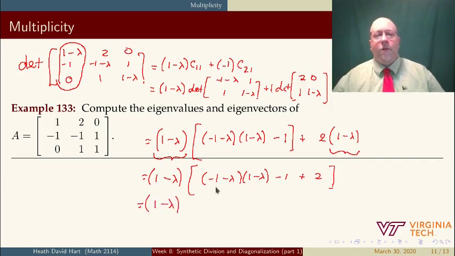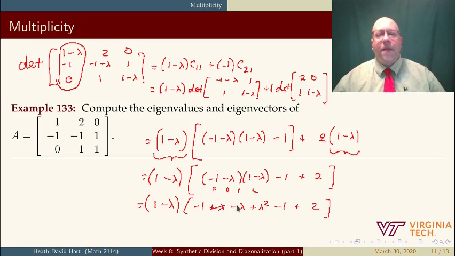All right, we're going to FOIL this out. And this gives me first times first is -1. Outer is plus lambda. Inner is minus lambda. And then last is plus lambda squared. -1 plus 2. Some cancellation happens here.